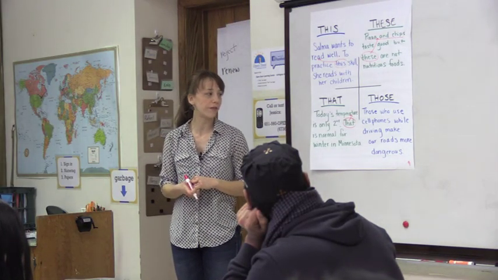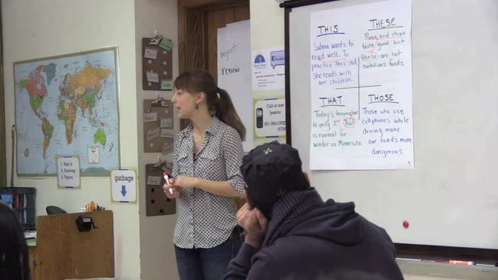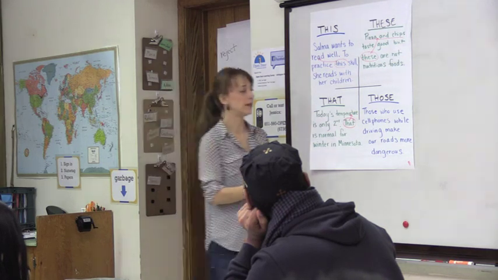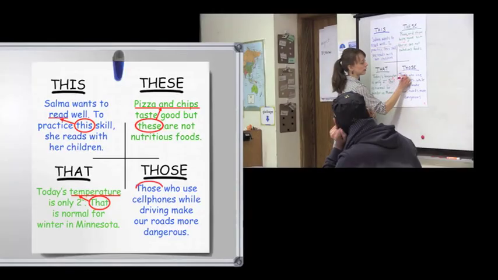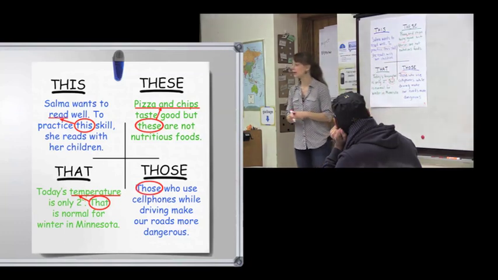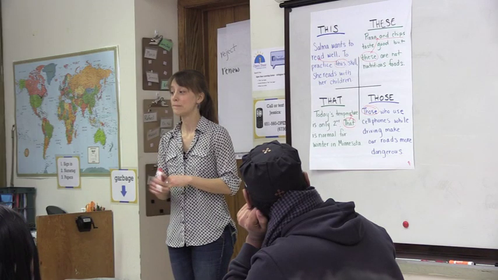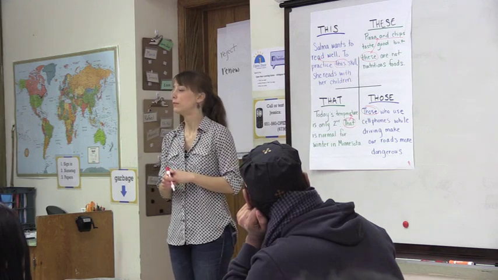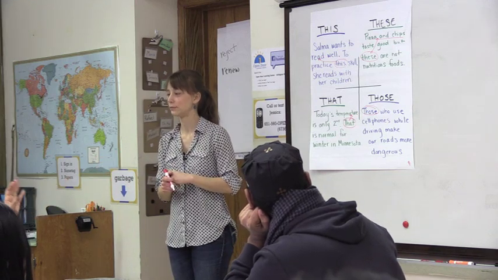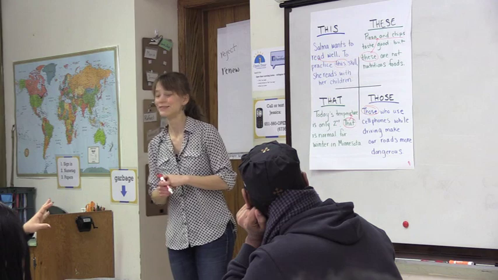Those who use cell phones while driving make our roads more dangerous. This one's a little harder. What is those? Those cell phones. People. Not here, people. The subject, not here. Right.